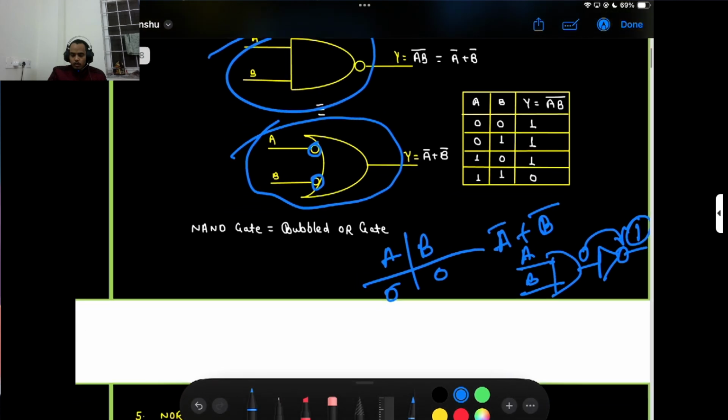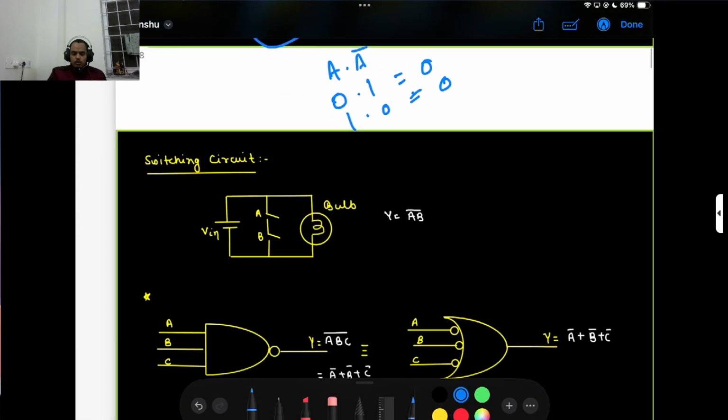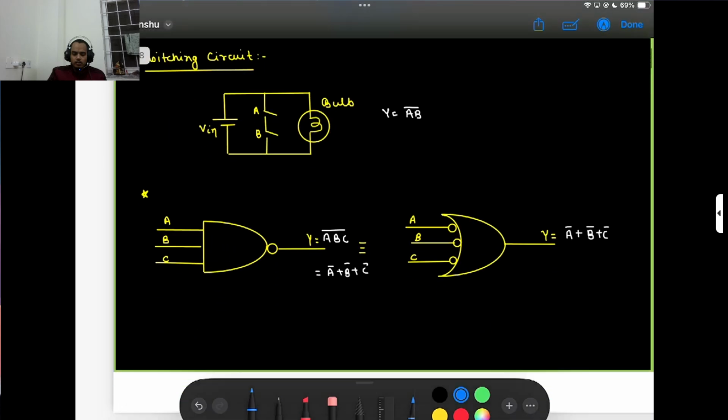So 0 0 gives 1. What is the NAND gate output? Basically, if either A or B, one input, is 0, then my output is 1. Or if both inputs are 1, then my output is 0. So this is the concept of the bubbled OR gate or NAND gate.